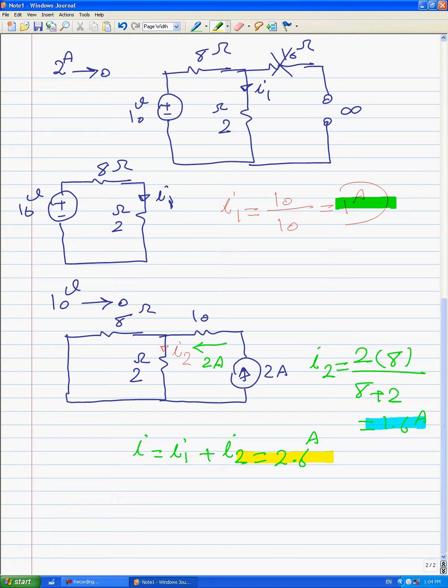And finally, we should add all of the answers together in order to find the final answer. Next question again investigates superposition technique on another circuit. Question 2.